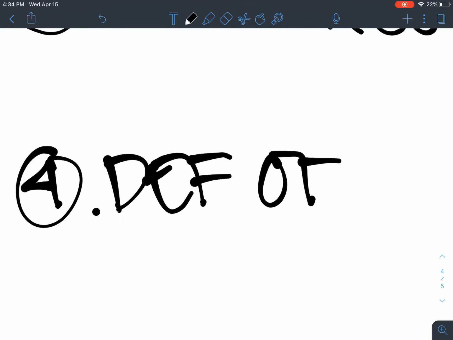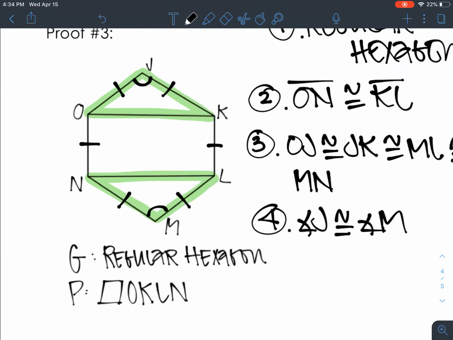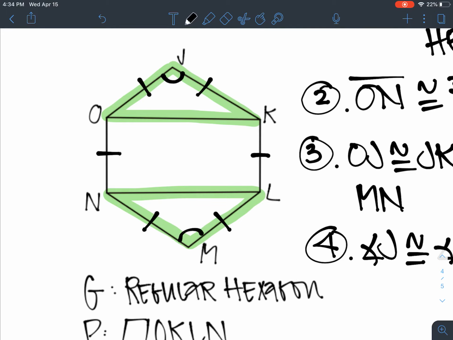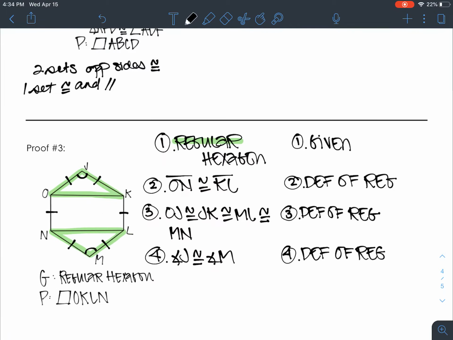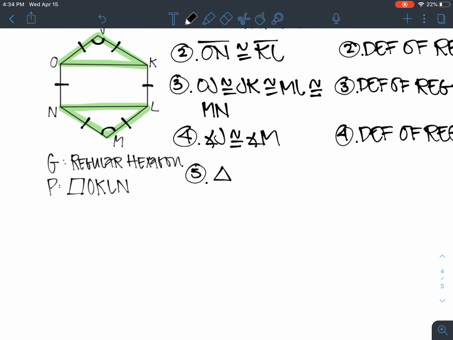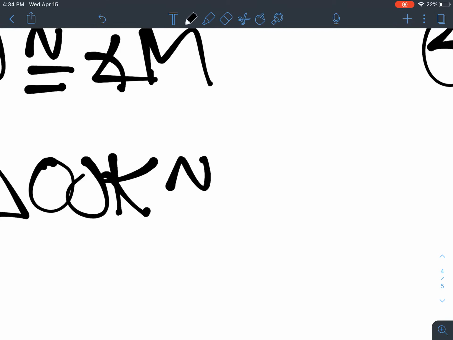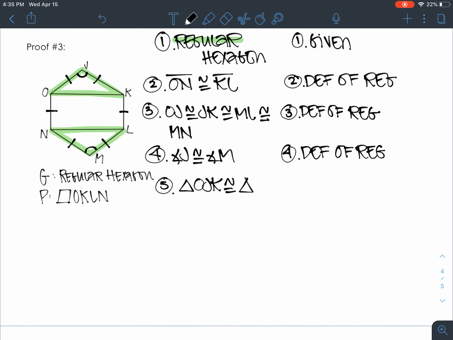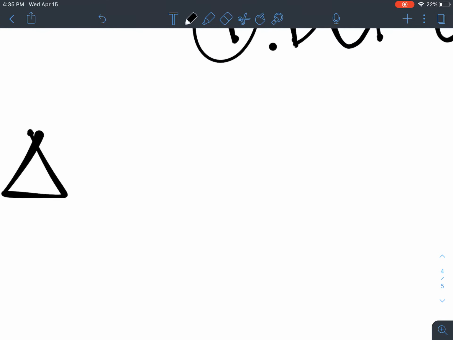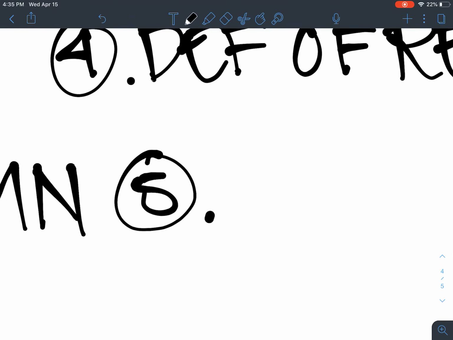But once we've hit that, can I prove these 2 triangles to be congruent? Yeah, I can do that with a little SAS, side angle side. So I'm going to now have triangle OJK is congruent to triangle LMN, and that's by SAS.